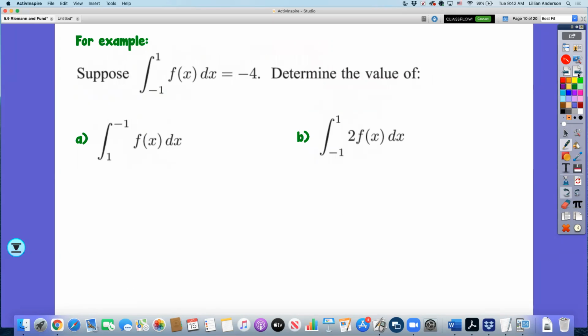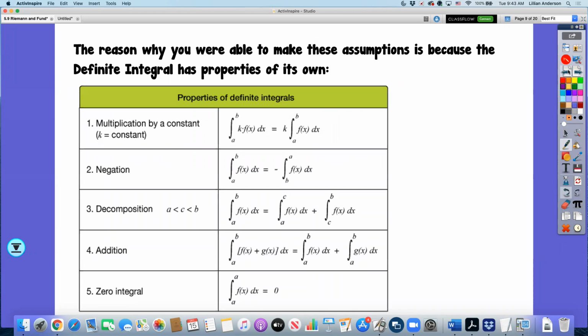Here's another one. Suppose that the integral from -1 to 1 of some function that we don't know is -4, and it's asking you to determine the value of the integral from 1 to -1 of f of x dx. If you look at what you're given, you see how the bounds are switched. We can use that negation rule from the other slide that essentially says you can flip the bounds and bring a negative on the outside.